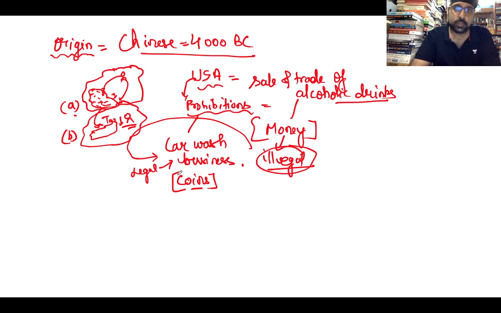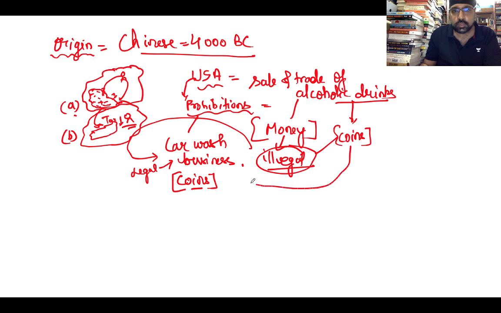And see the beauty, friends. Car wash business is a legal business. And this business is a legal business which operates on the use of coins. And this was the game, that you generate illegal coins here and invest those illegal coins into this legal business, thereby changing the color of the money.